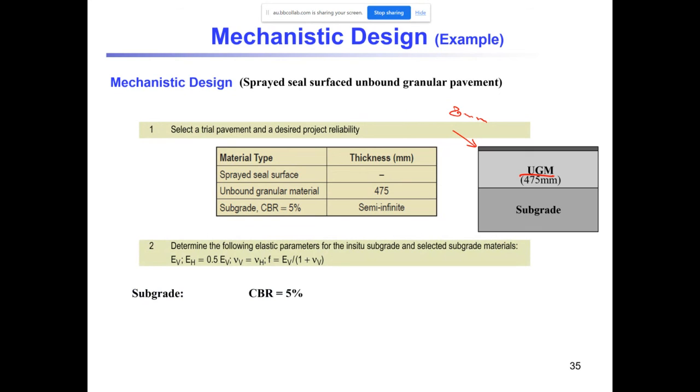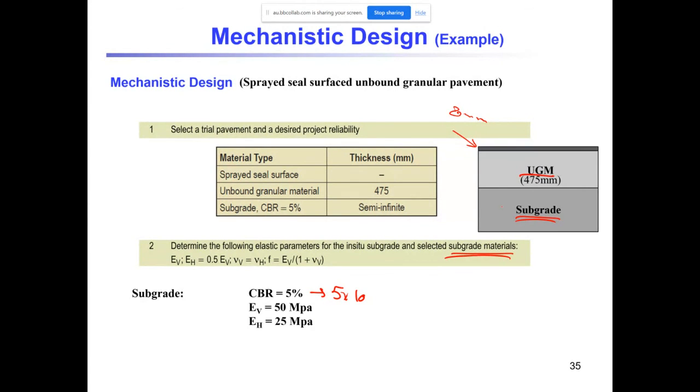Subgrade CBR is 5%, so initially we determine the material parameters for the subgrade. The subgrade is again granular material, therefore you need to consider anisotropic behavior for that. Vertical Young modulus becomes 50 MPa, simply 5 times 10, 50, divided by 2, 25 MPa horizontal Young modulus.